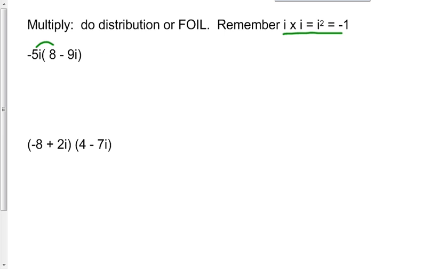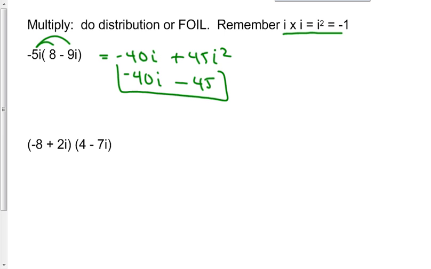Negative 5i times 8, negative 40i, negative 5i times negative 9i, negative negative is positive 45i squared. We did just say that i squared is worth negative 1. That gives you a negative 45. And these are not like terms now. One of them is an i term, one of them is a plain constant, so you cannot go any farther.